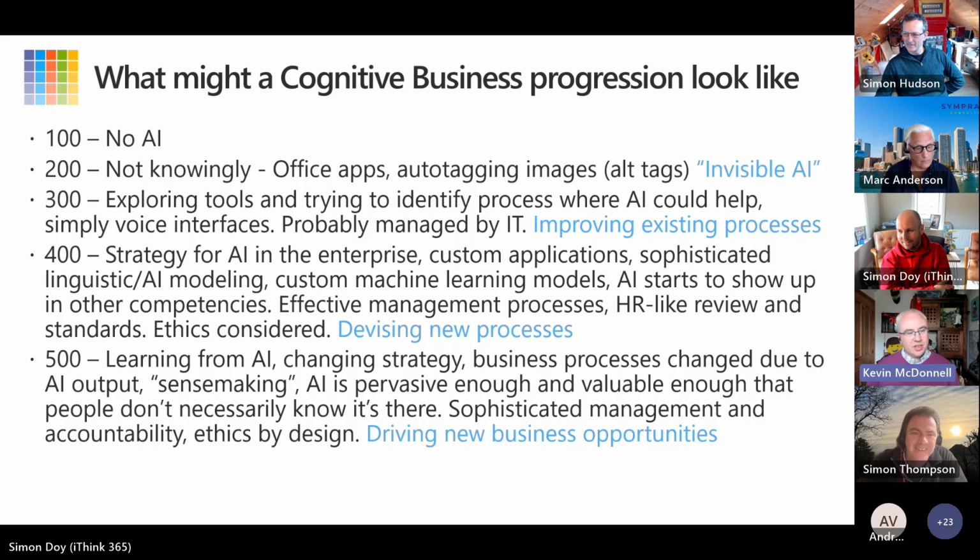I know we had some chat about level 100 and the no AI there, and my view is that I don't think anyone has no AI, even if they're not knowingly using it. It links to something we've been talking about internally in terms of positioning people for using AI.